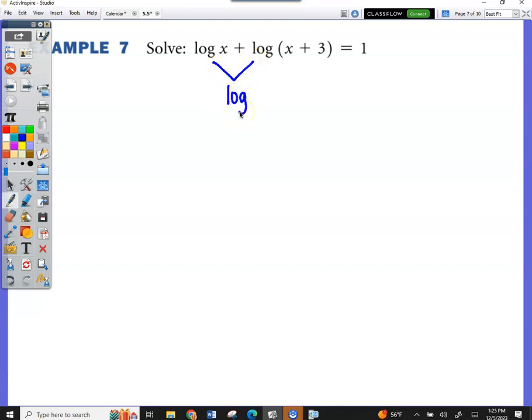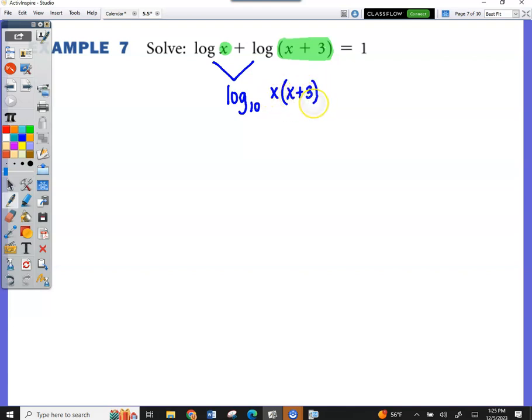You can write the base 10 if you want to. If it bothers you, you can. You don't have to. And then the of part, of x and of x plus 3, is being added, so it's going to translate to being multiplied.